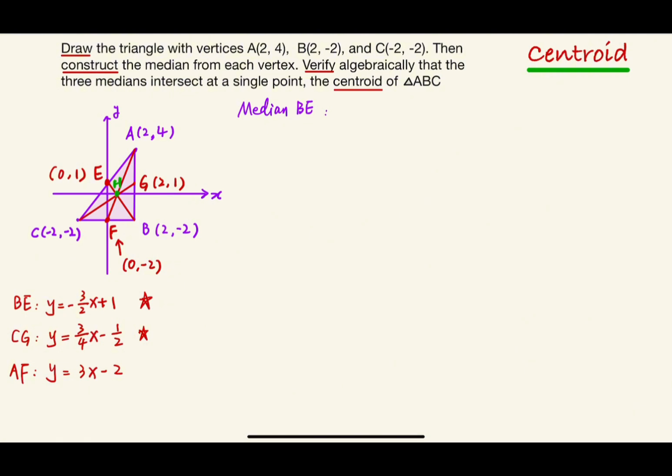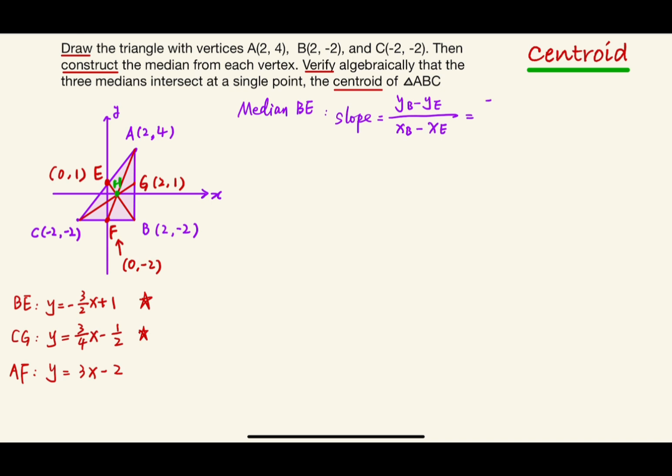Now we know two points on this median, so we can figure out its slope according to the formula. The slope equals yB minus yE over xB minus xE.